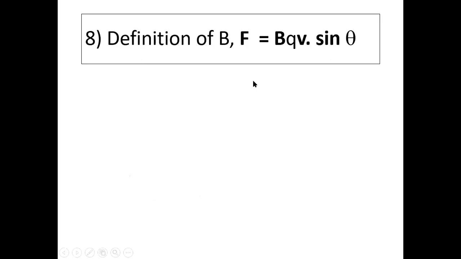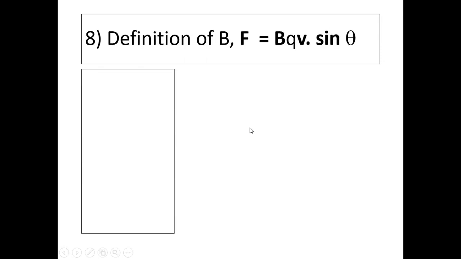Okay. Since we have this formula, we will use it to define our B. Force we have already defined under Newton's law. Charge we have defined from I equals Q over T, or Q is IT. Velocity we have defined in your motion. So now we want to define this B. We make sure that this theta is 90 degrees.